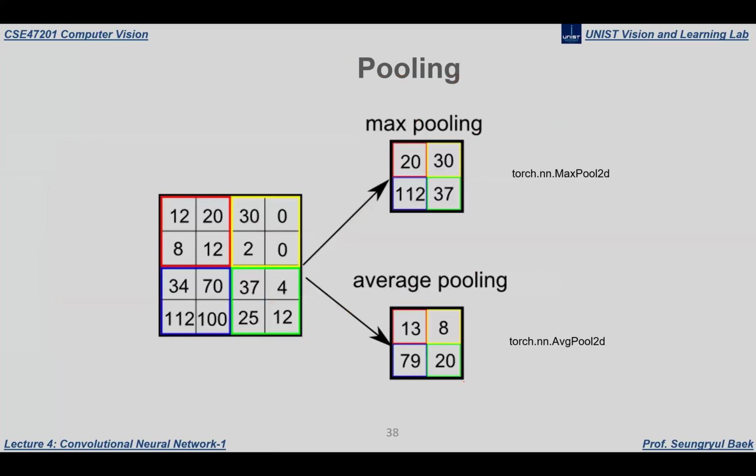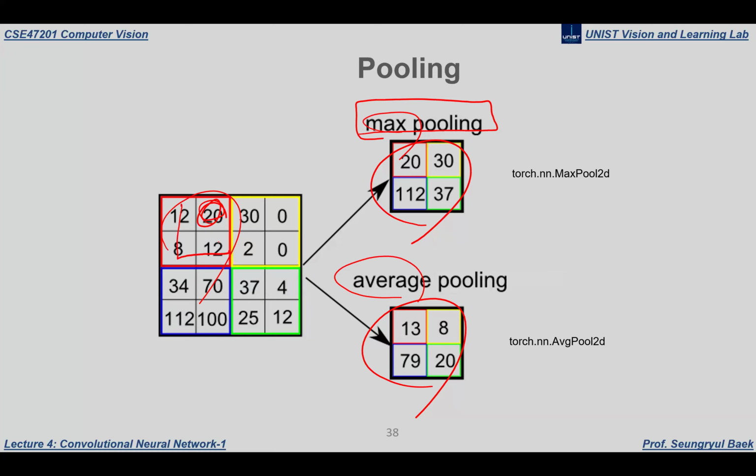So there are two popularly used pooling operations. One is selecting the maximum value from the sub window. The other is average pooling that averages the values. But in practice, max pooling works better than average pooling. Even though it loses much information from the other non-maximal values, max pooling still provides better performance.